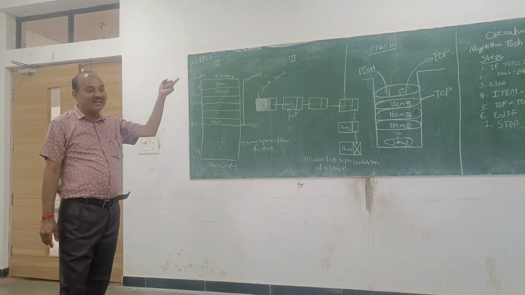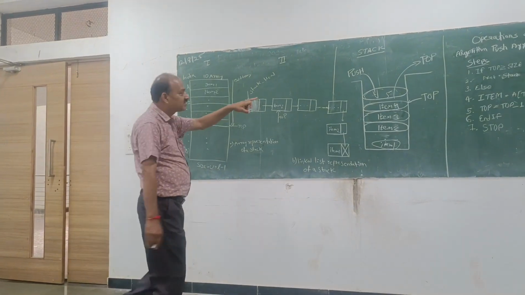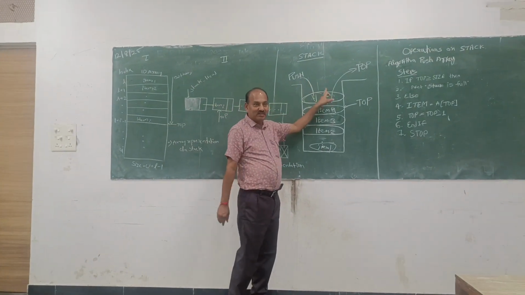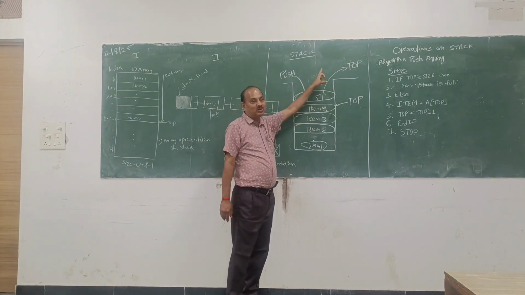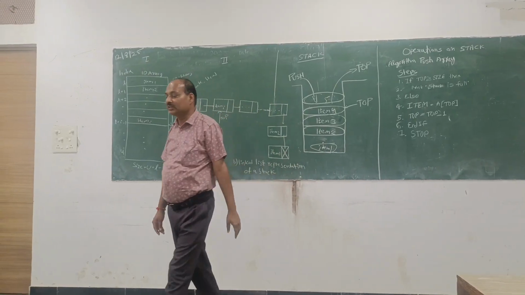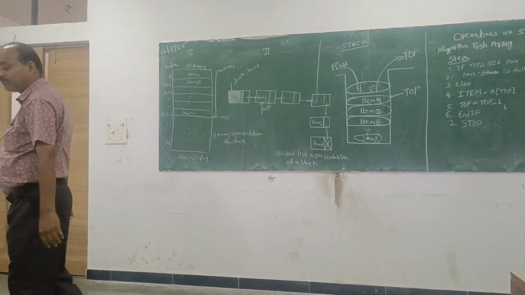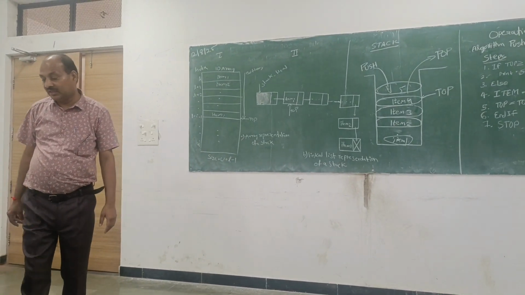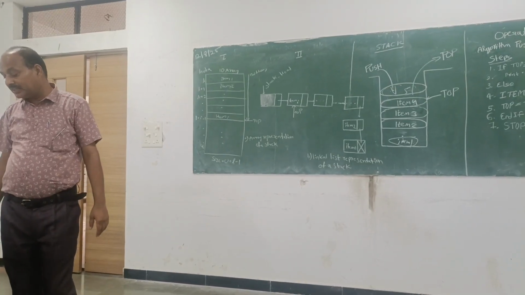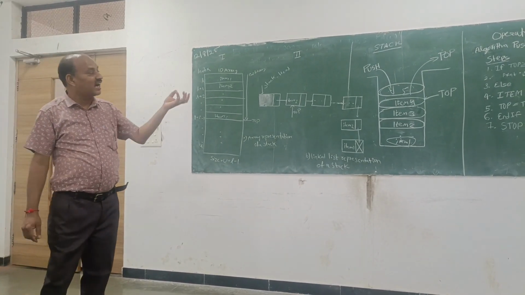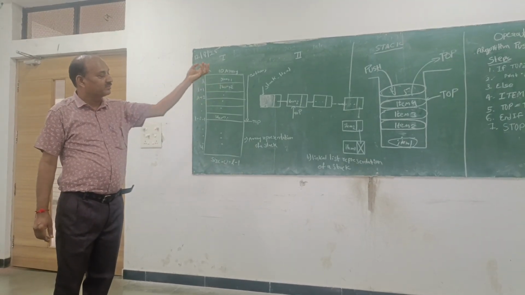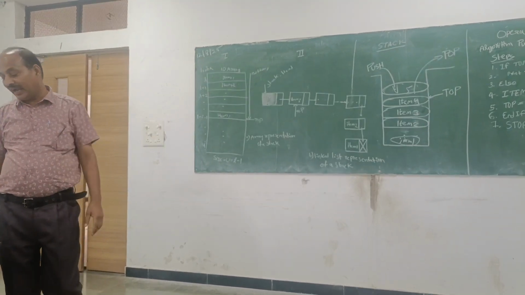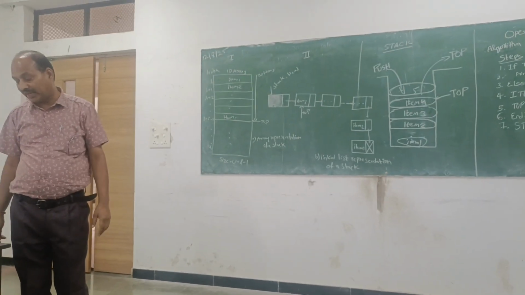Both push and pop start from a single end, the front end. Push from the same end where you pop. So this is the stack where push and pop are both done from a single side. The elements are termed item 1, item 2, item 3, item 4, item 5. These are the elements of this stack.